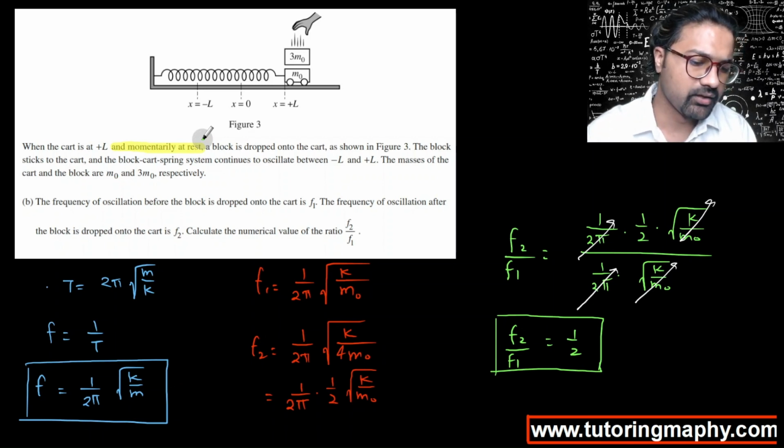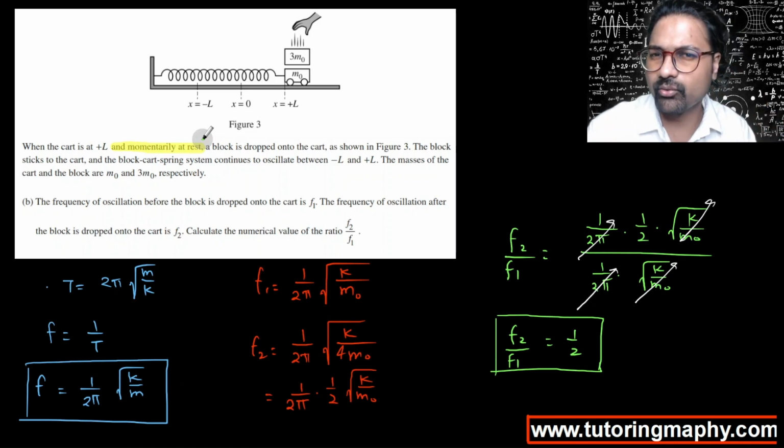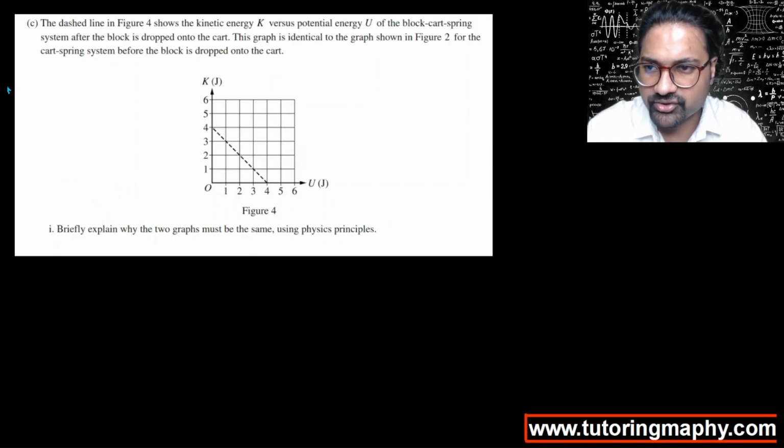Okay. So if its velocity is 0, and since this is the extreme point, what is the only energy in this particular system? Isn't that just potential? Because the spring potential energy is K over 2 x naught squared. And what is x naught?